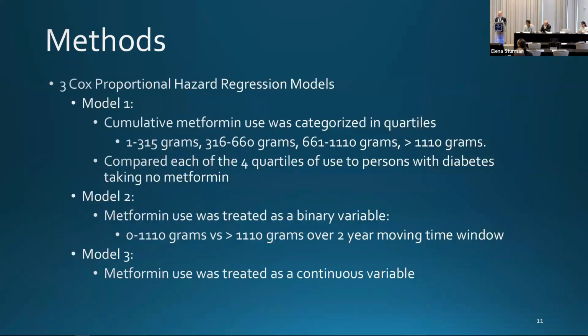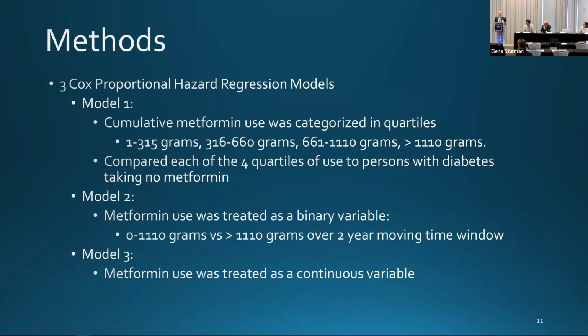We created 3 Cox proportional hazard regression models. In the first model, we looked at metformin and quantified it in 4 quartiles, so 1 to 350 grams, 351 to 660 grams, 661 to 1,110 grams, and above 1,110 grams.